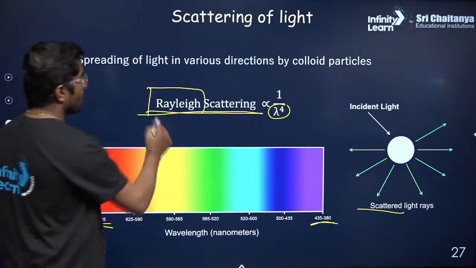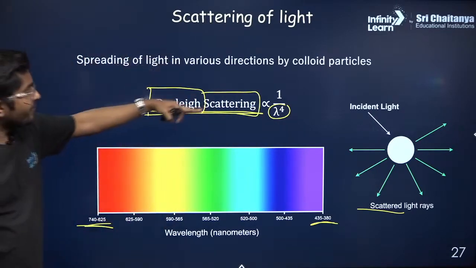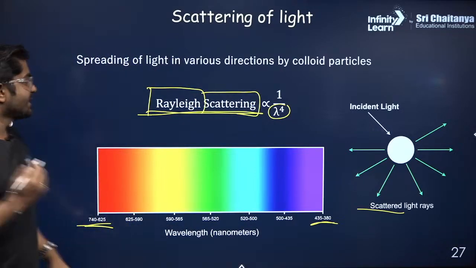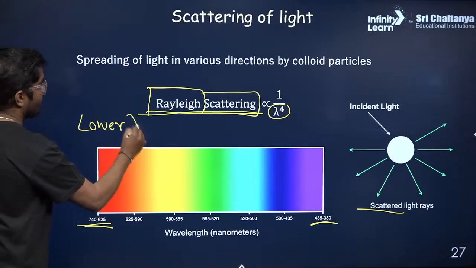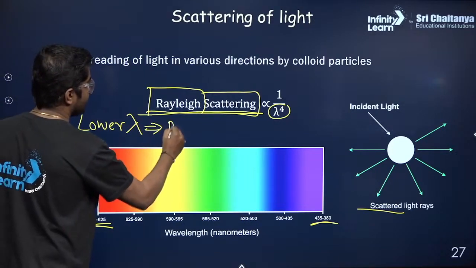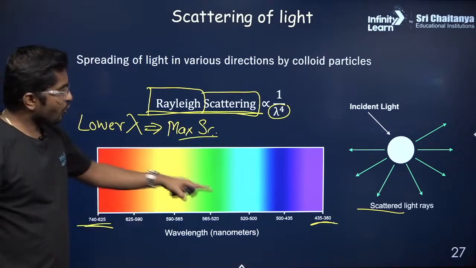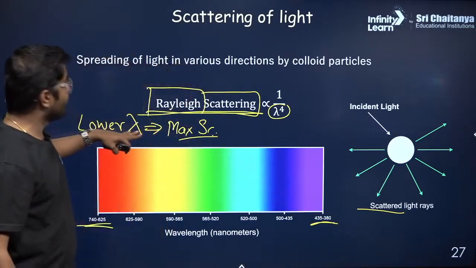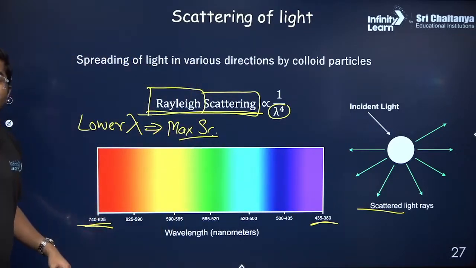If you want more scattering, wavelength should be lower. Lower wavelength, maximum scattering. Remember this: lower wavelength, maximum scattering. Lower wavelength is the violet color. So violet color will be scattered the most and the red color will be scattered the least.